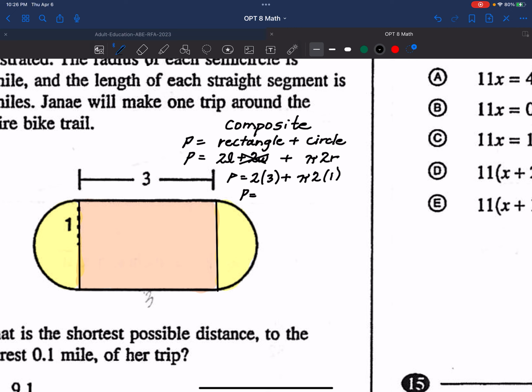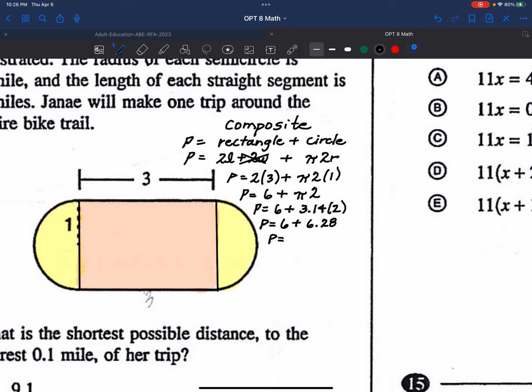So perimeter is 2 times 3, that's 6, plus pi times 2. Pi is 3.14 times 2. So it looks like I'm going to have a 6 plus a 6.28.